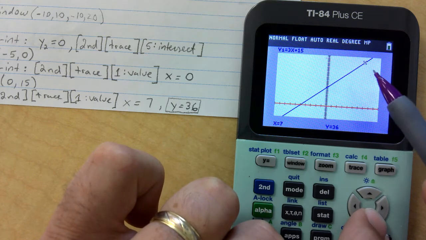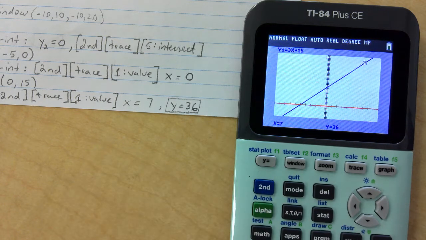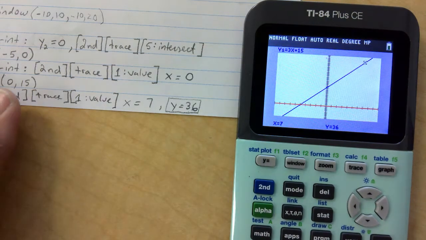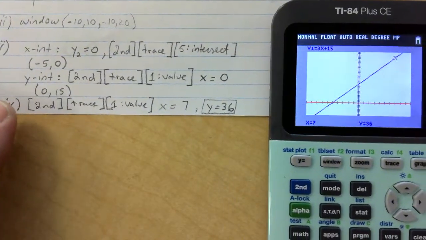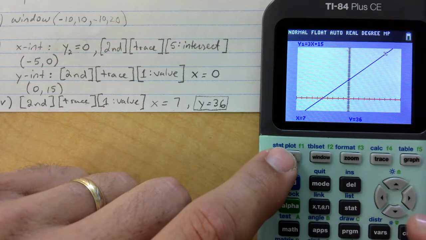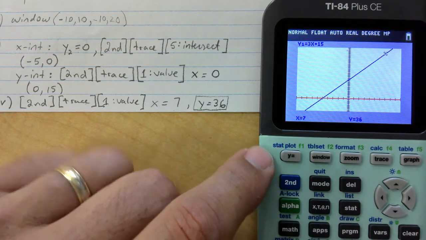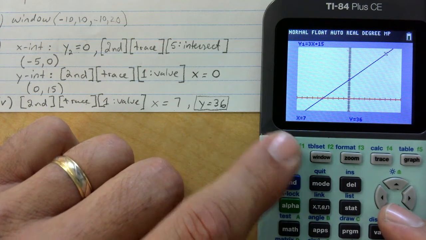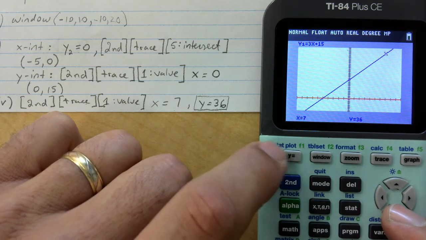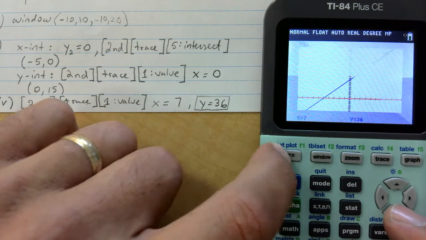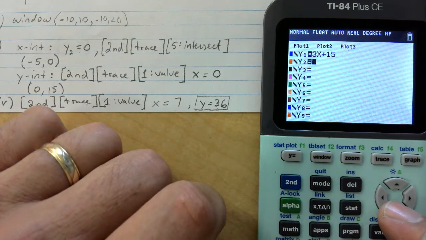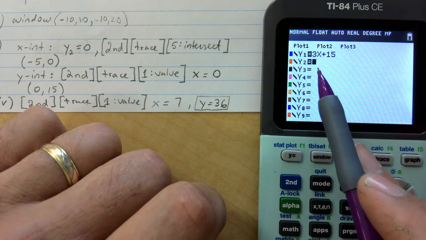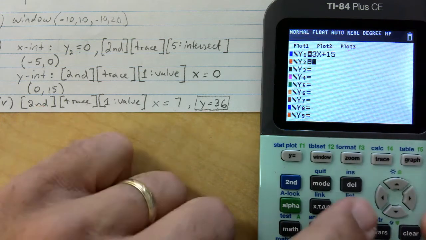It's good to practice which line should appear. Perhaps I should show you this too, okay? So let's say you don't want the red line to be there. It's bothering you because we only needed it for the x-intercept. If you press y equals, you can either clear that, but let's say you want to keep it there for the future.